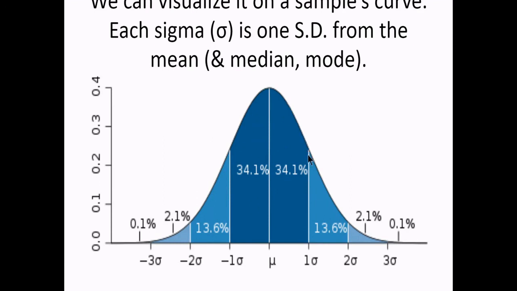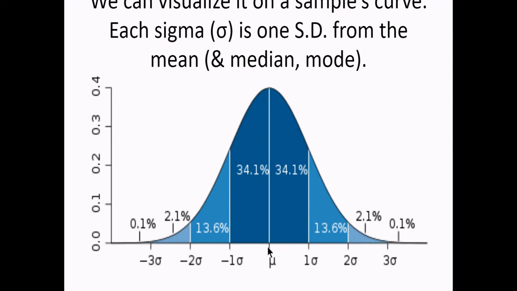Pretend we have a variable where all the cases on the variable's axis form a nice bell-shaped curve. The standard deviation, one standard deviation, is the sigma sign, that's the Greek letter sigma.